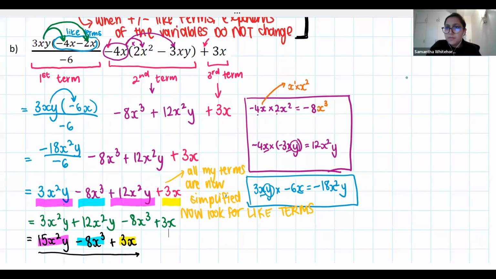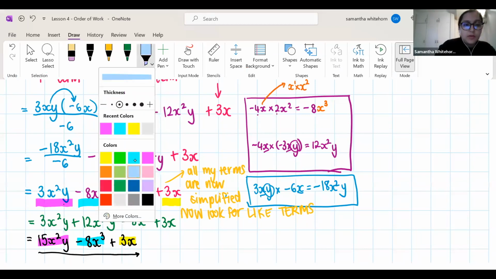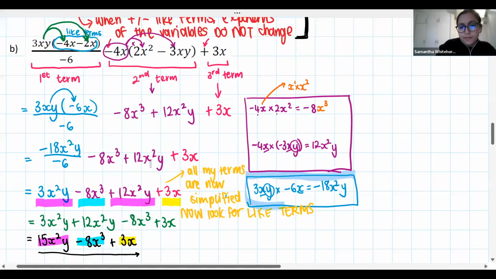Okay, Sibasiso? Madam, can I please ask how do we get the negative 18? Okay, cool. If you have a look at this blue block over here, this blue block was the distribution, or the multiplication, between the 3xy and the minus 6x.